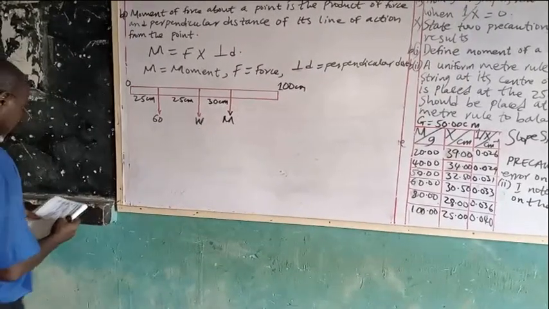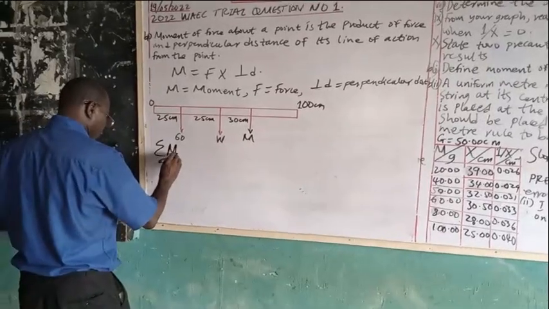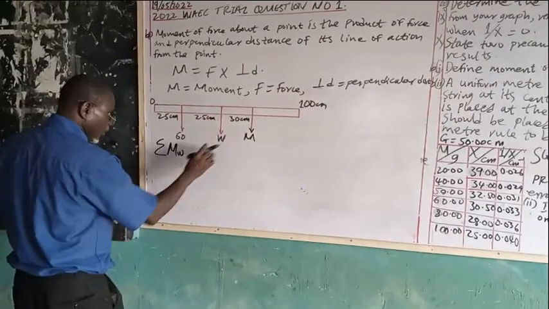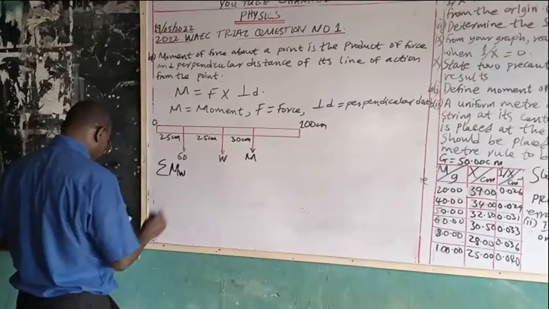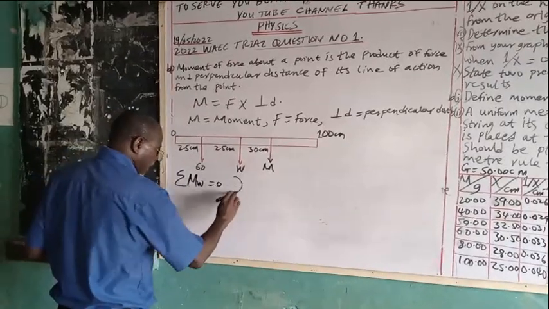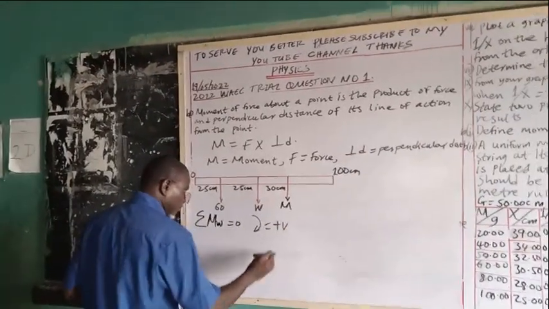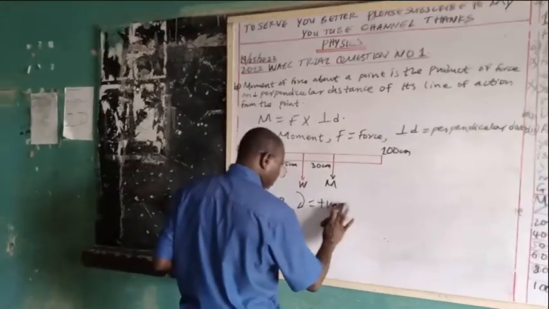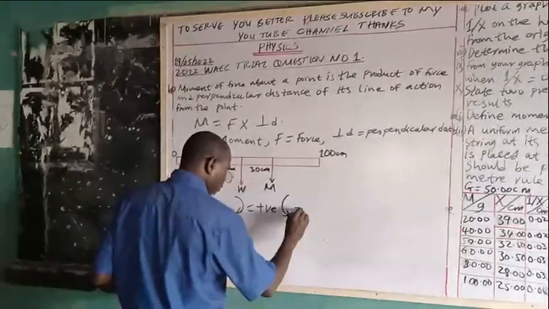Now, after that, we know that summation of moments about W, I take moment about this weight, is equal to 0. Clockwise moment is equal to positive. Anti-clockwise moment is equal to negative.